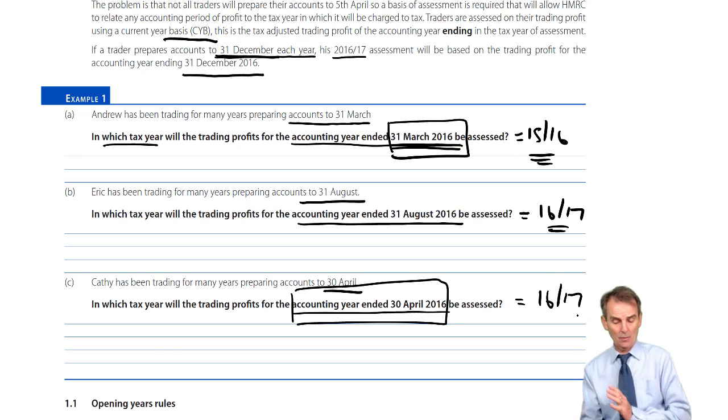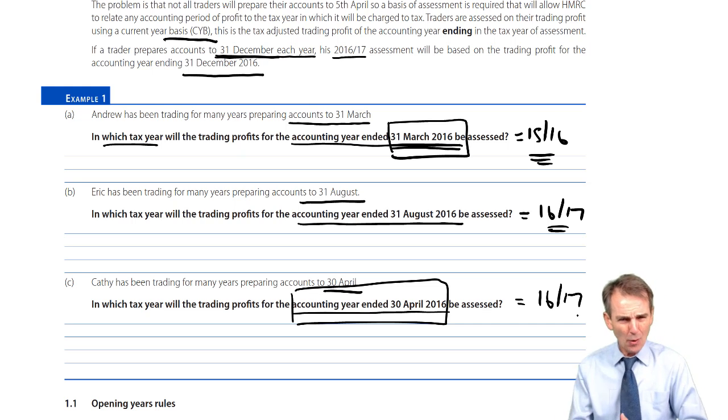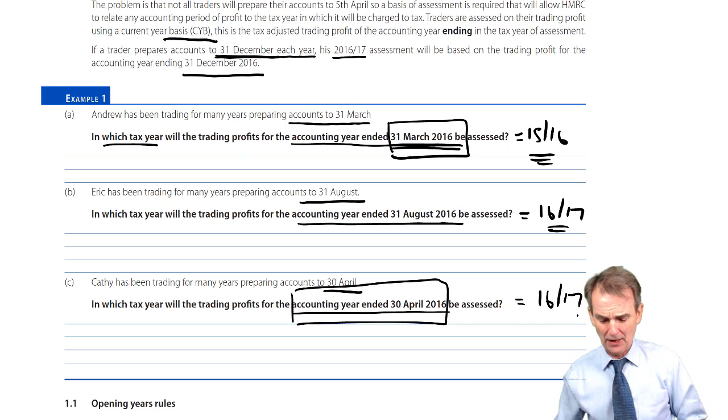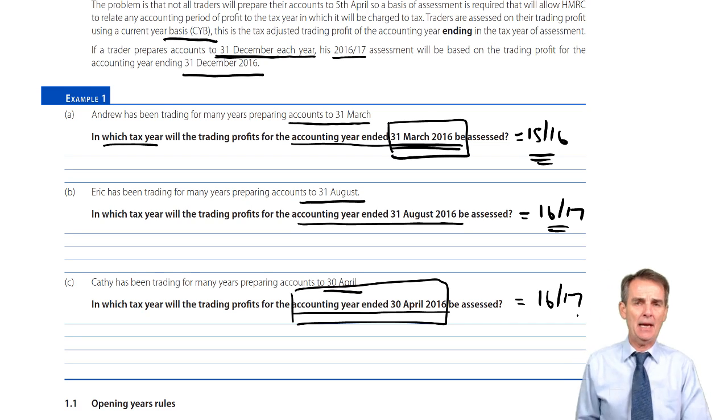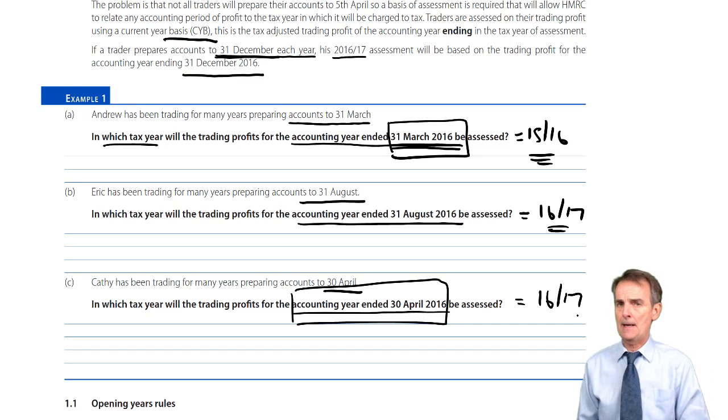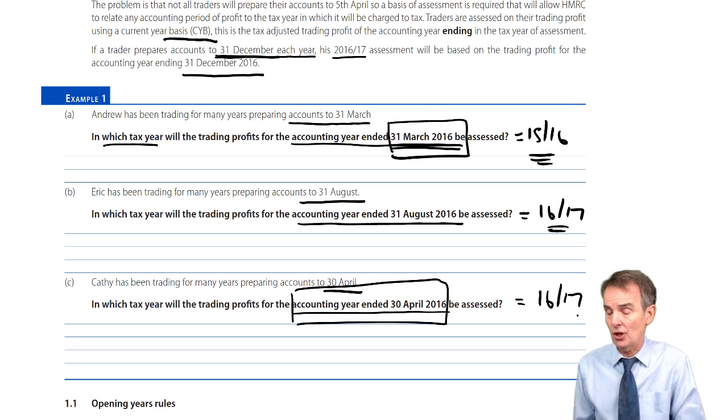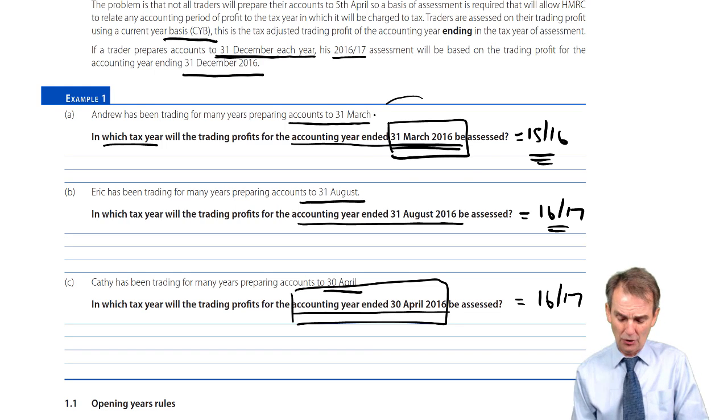And as we'll discuss later on in this exercise, once we've dealt with the basics of opening year's assessments, there is of course an original decision that needs to be made when a taxpayer first starts to trade, and that is, what date will I choose as my accounting date? Exam questions, sometimes the more interesting ones, give you a choice of accounting date problem, and that choice is usually between these two.